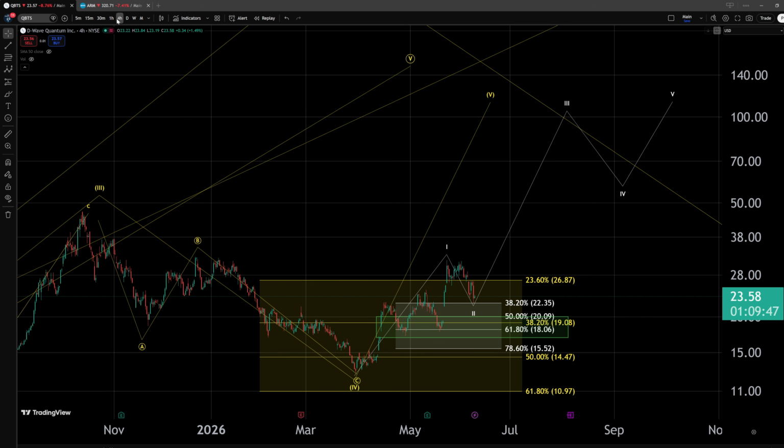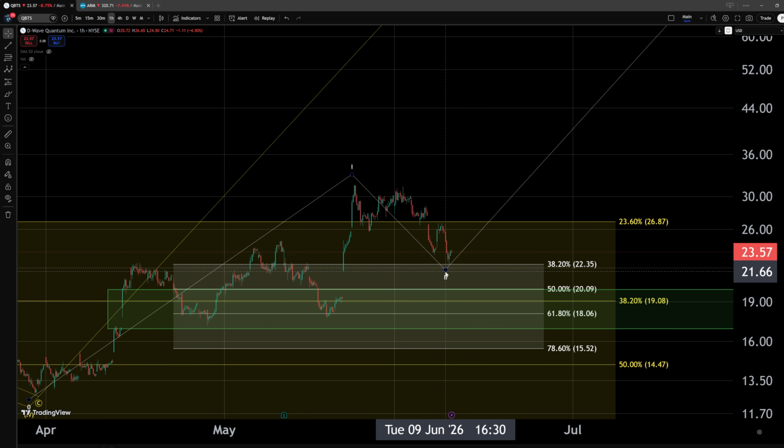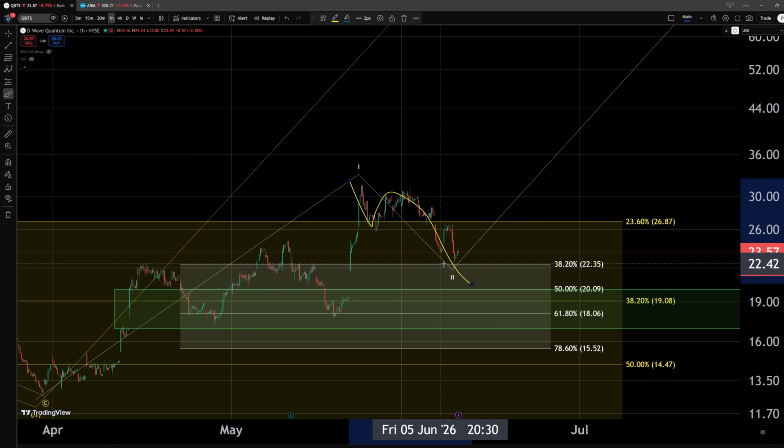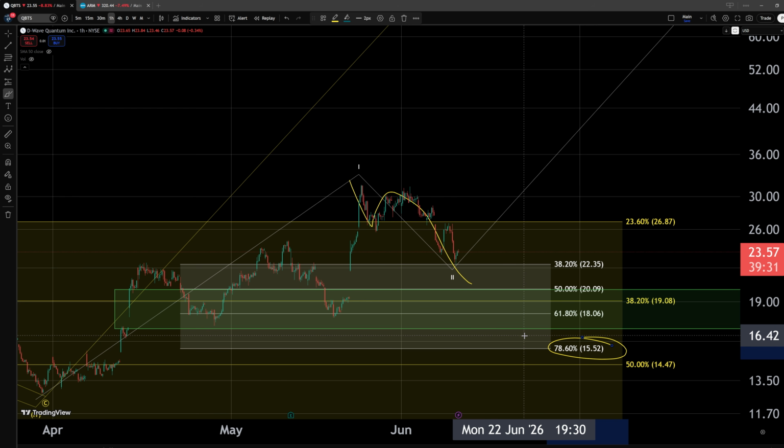Now, in this smaller time frame wave 2 correction, I am looking to reach the levels of support within a 3-wave pattern, which technically could be complete. The levels between $22.35 down to $15.50.